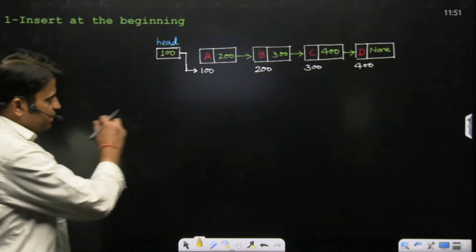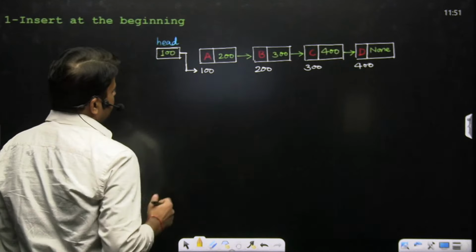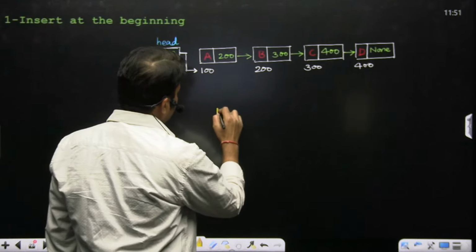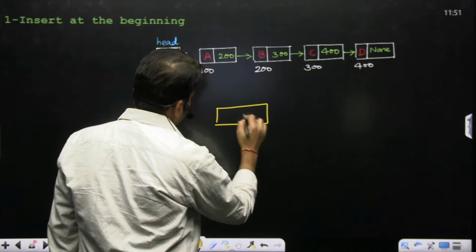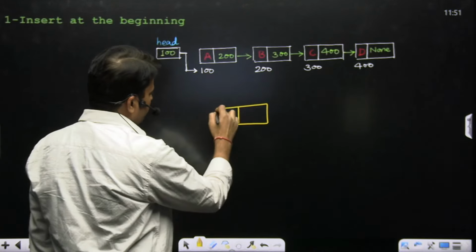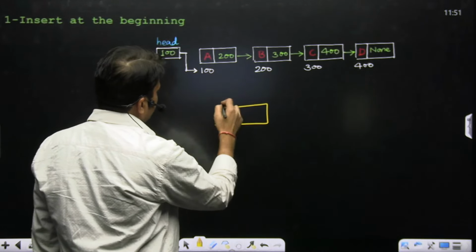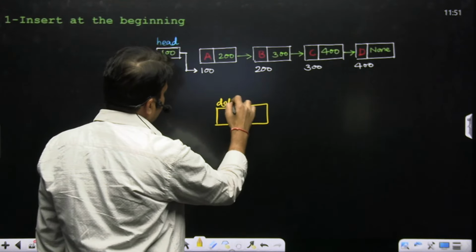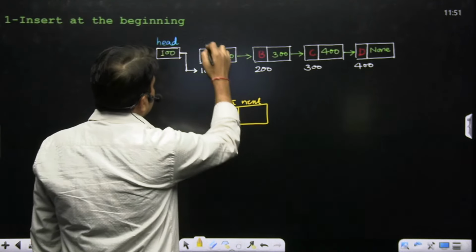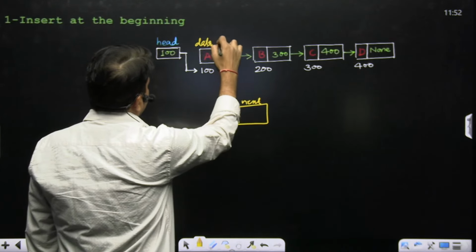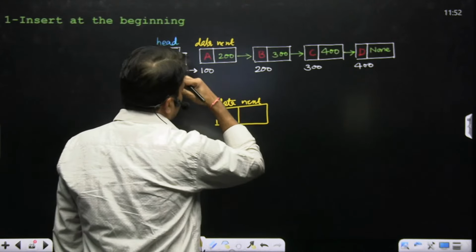So this is a linked list. I want to insert at the beginning. First of all, you have to allocate memory for a node. This is the data part and this is the next part.